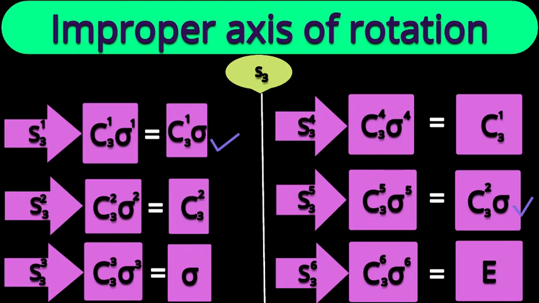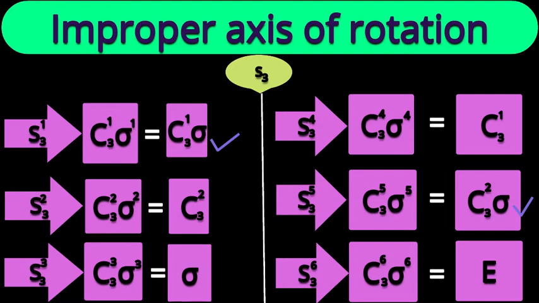Next operation S3^2 means C3 operation two times and sigma operation two times. Sigma operation two times means identity. So the simplified result of S3^2 will be C3^2. If we have considered that C3 previously, then now we need not consider this C3^2 or S3^2.